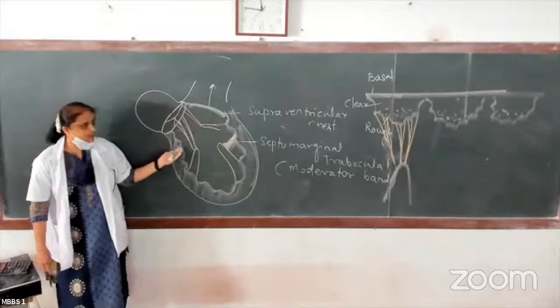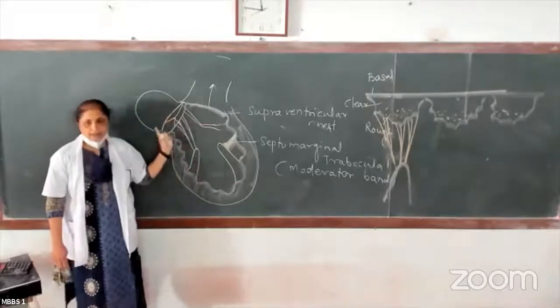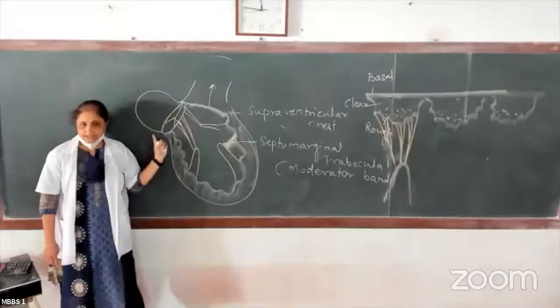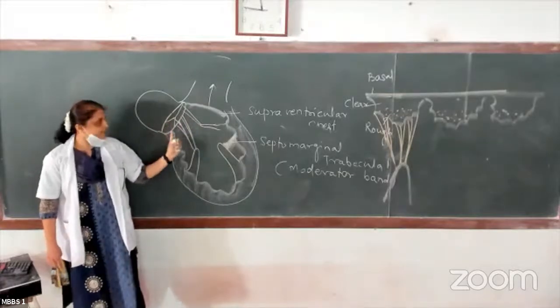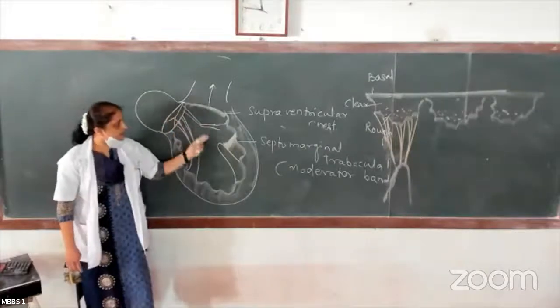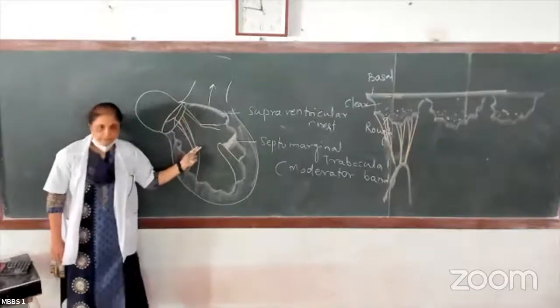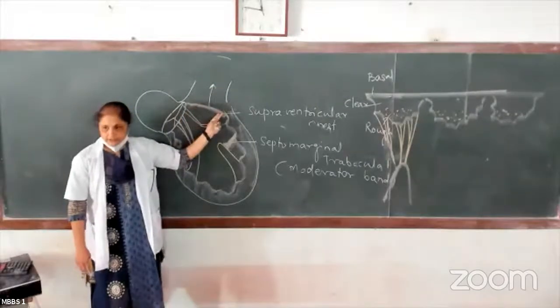Now, what features have we seen in the right ventricle? The incoming rough part is guarded by the atrioventricular orifice on the right side, which is called the tricuspid orifice, having three cusps: anterior, posterior, septal. Then we have seen the separation between the outgoing smooth part and the incoming rough part by the supraventricular crest.